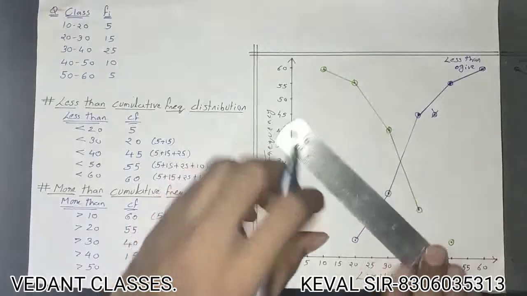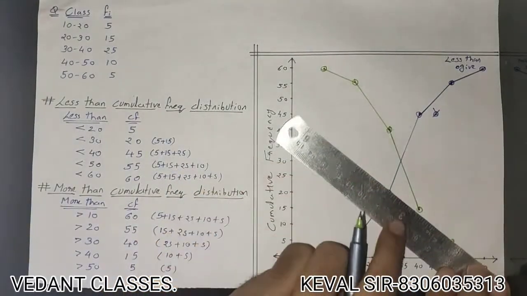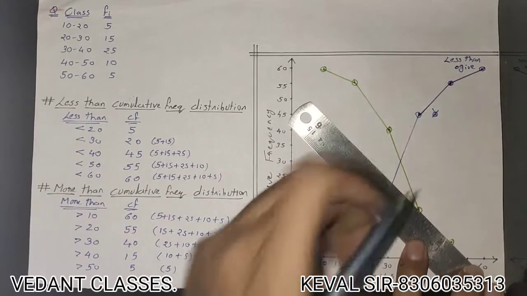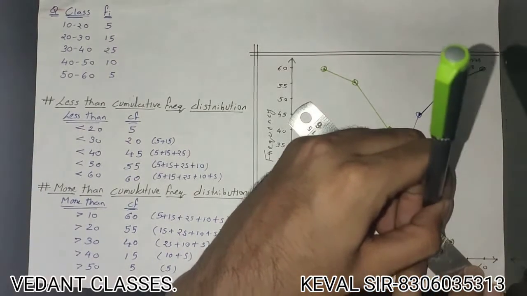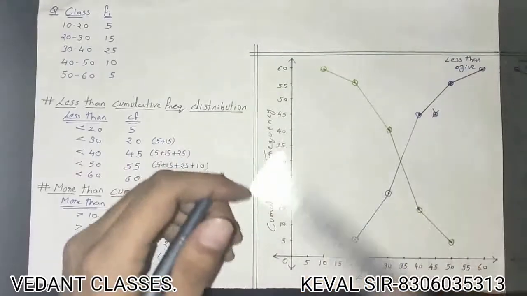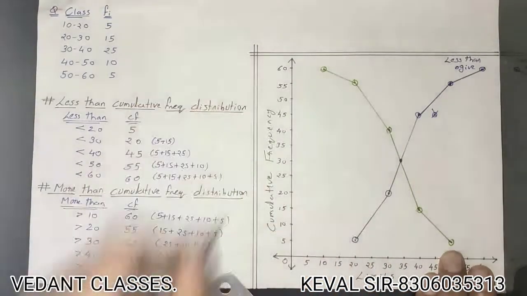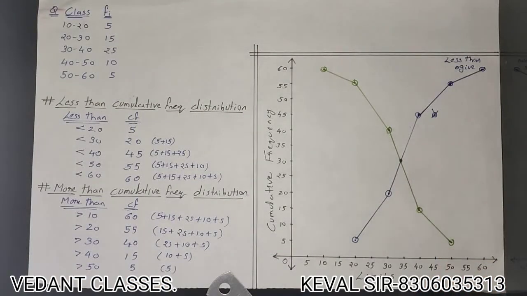After joining all these points, the x coordinate will give us the value for the median. So this is our intersection point. We got the intersection point over here. The x coordinate for the intersection point will give us the value for the median.